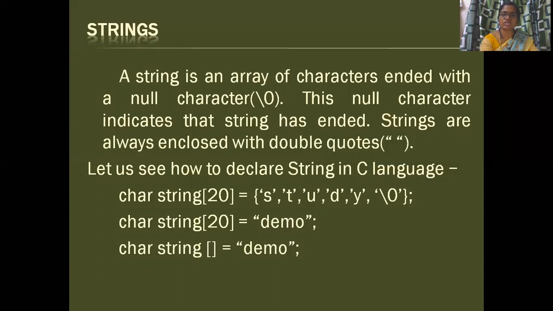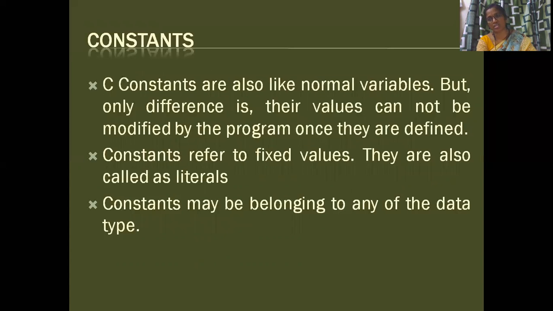Right? Next token is the constant. Constant means it's a value which cannot be changed. So C constants are like normal variables, normal numbers, but the only difference is their values cannot be modified by the program once they are defined. Once you have defined it, it cannot be modified. This is simple.